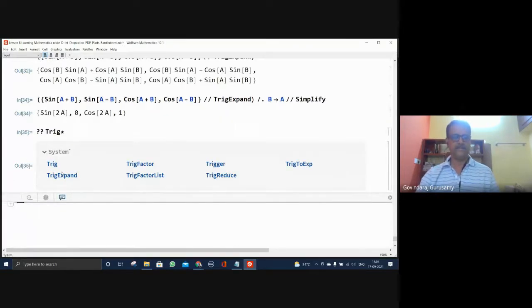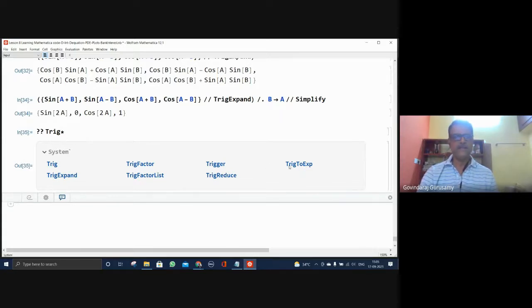Trig is there, trig factor, trig to exponential is also possible, trig expand, trig factor list, and trig reduce. These are the things available in Mathematica for handling trigonometric algebra. Algebra connected with trigonometry can be handled through trig factor and trig expand.